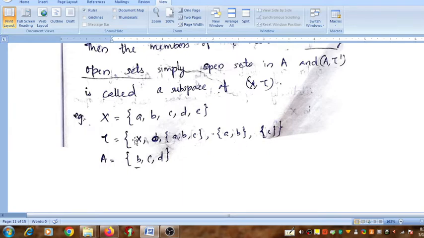How many elements are there in the topology? These are open sets: 1, 2, 3, 4 and 5. There are 5 subsets of the set X included in the topology tau.